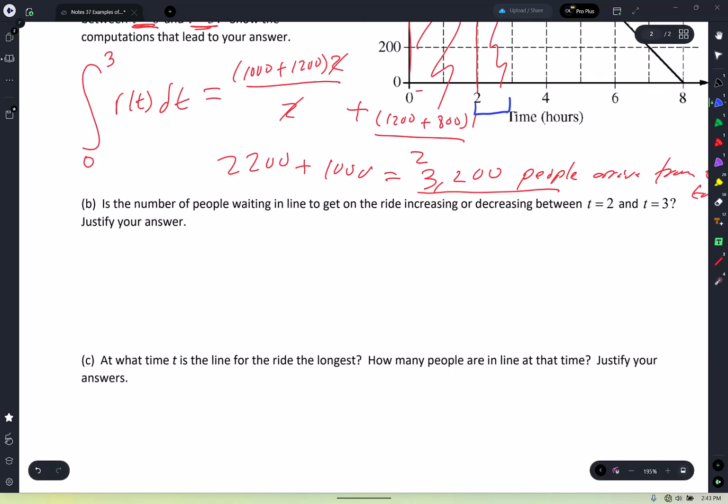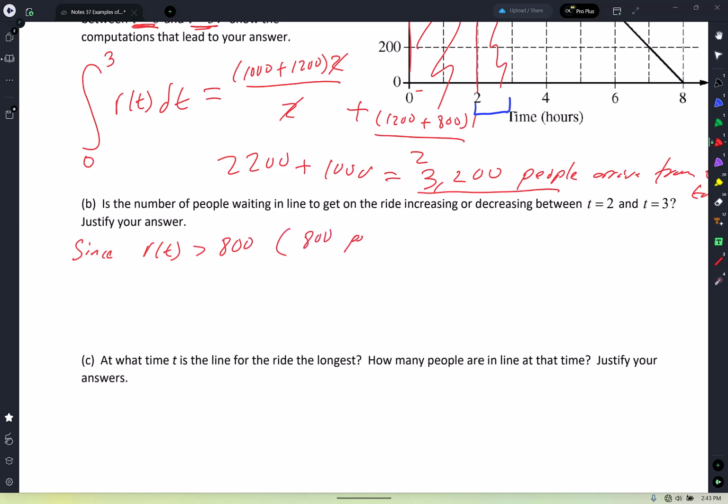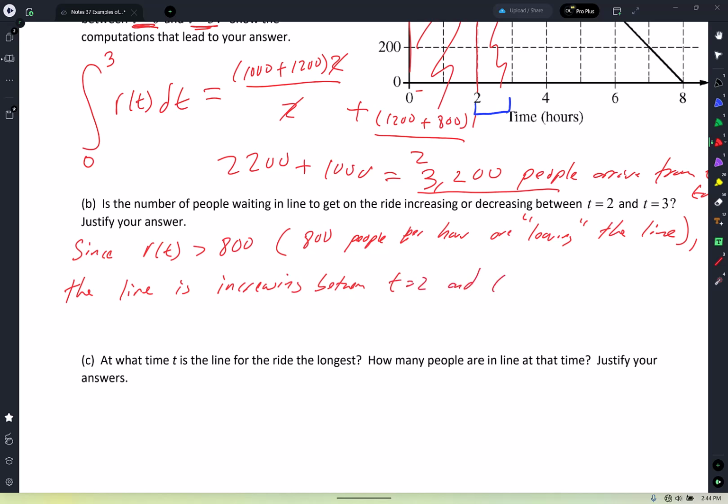So I'm going to write, let me see: since R of t is greater than 800 (800 people per hour are leaving the line), the line is increasing between t equals 2 and t equals 3.